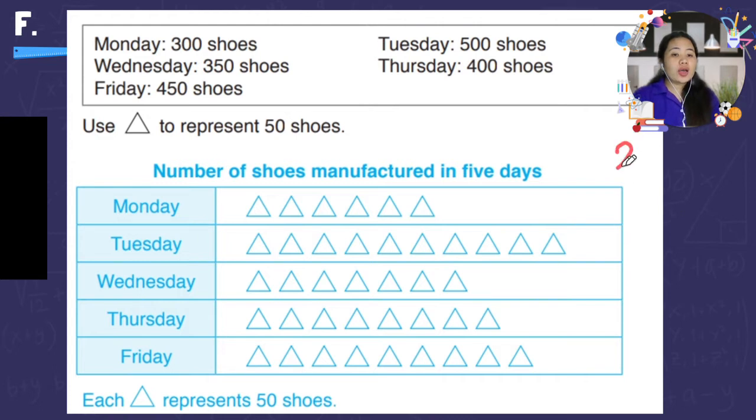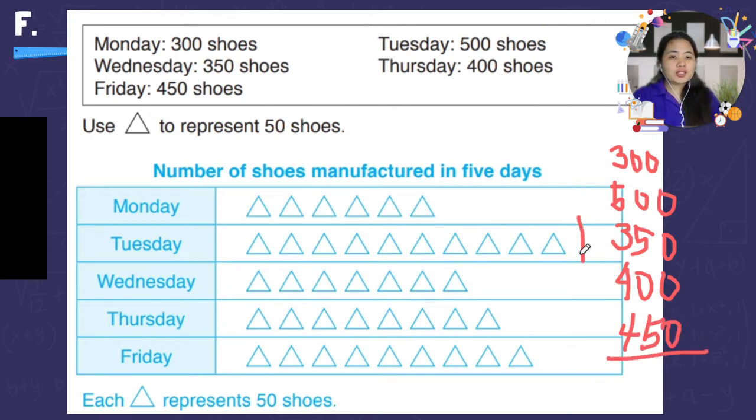Let's make it smaller so that it can fit. Monday, you have 300. Tuesday, you have 500. Wednesday, you have 350. Thursday, you have 400. Friday, you have 450.